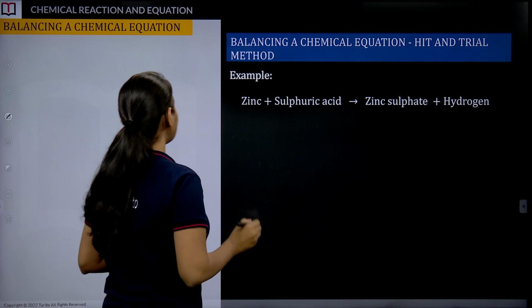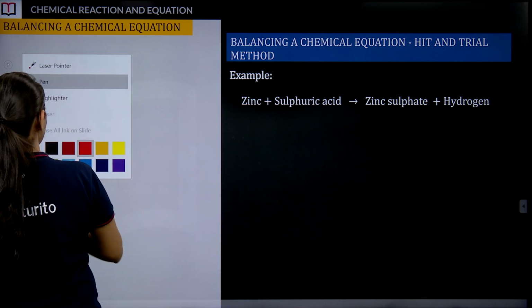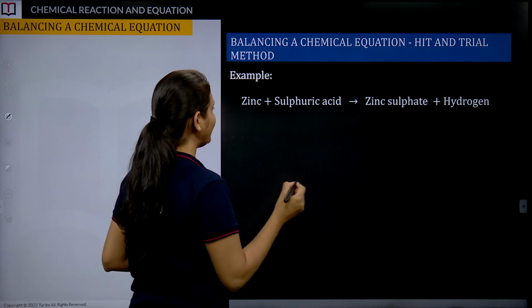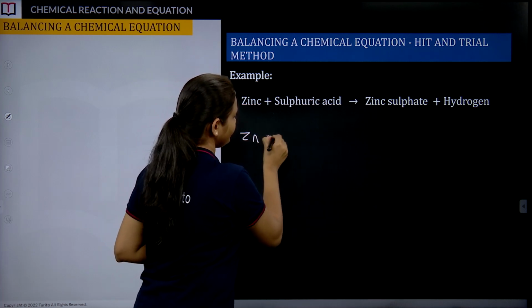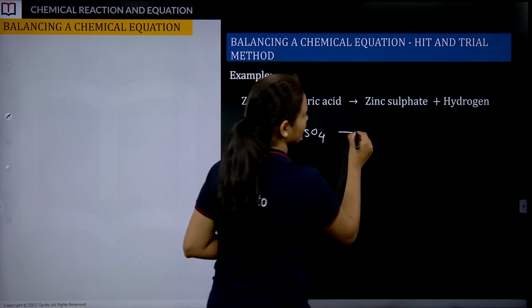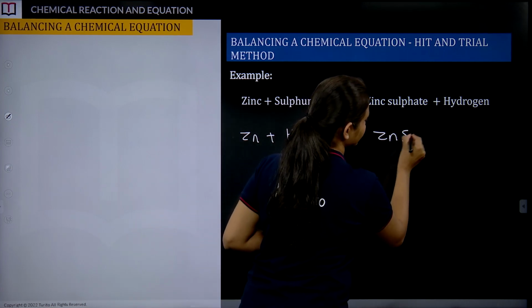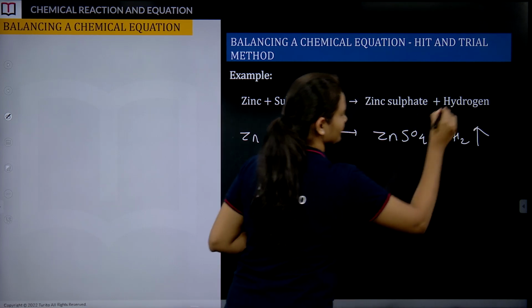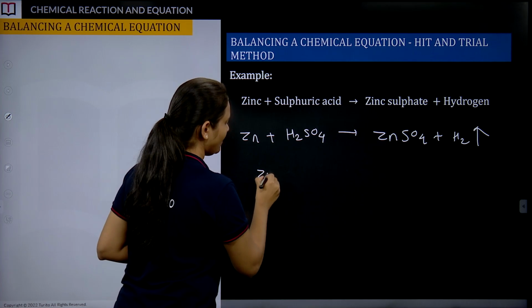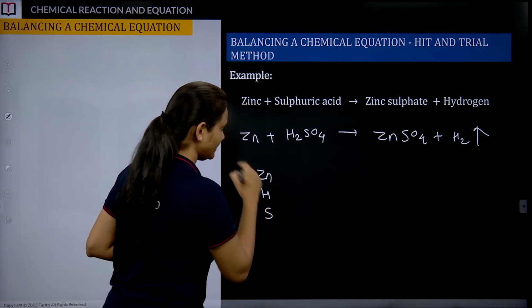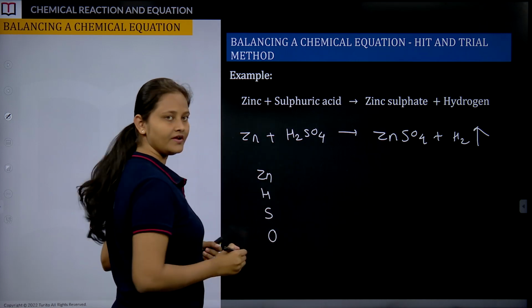So zinc is reacting with sulfuric acid, giving zinc sulfate, a salt, along with the release of hydrogen. So Zn plus H2SO4 gives ZnSO4 and hydrogen gas. Got it? How many elements do we have? Zinc, hydrogen, sulfur and oxygen.